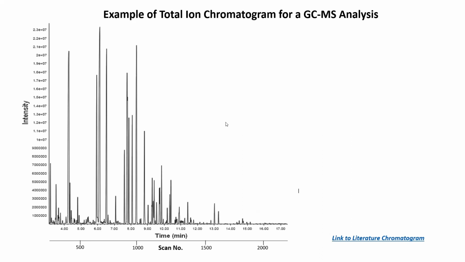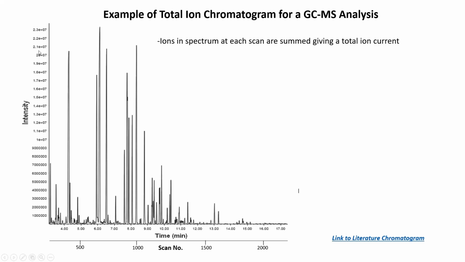So when we put it all together, we've got the separation with the gas chromatograph. We go into the ionization source to ionize it. Then we go to the quadrupole, and then we count the ions to get the mass spectrum. So this is what you get out as far as the total ion chromatogram. And if you look at it, ions at each spectrum, at each scan, are summed, giving a total ion current.